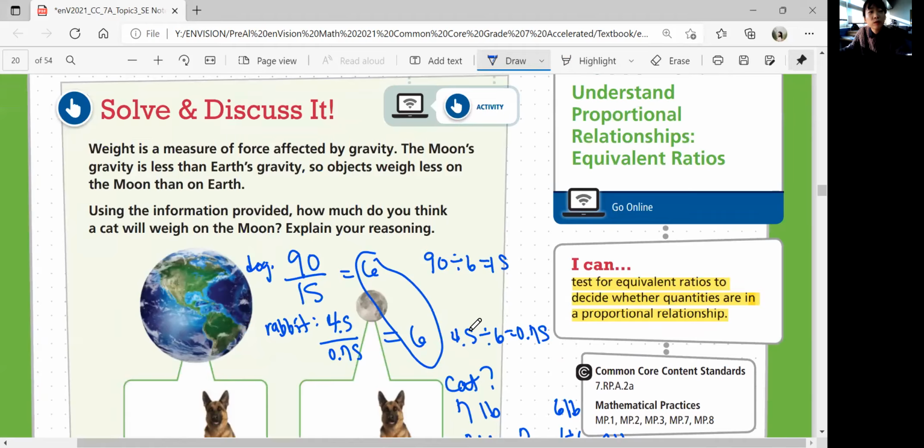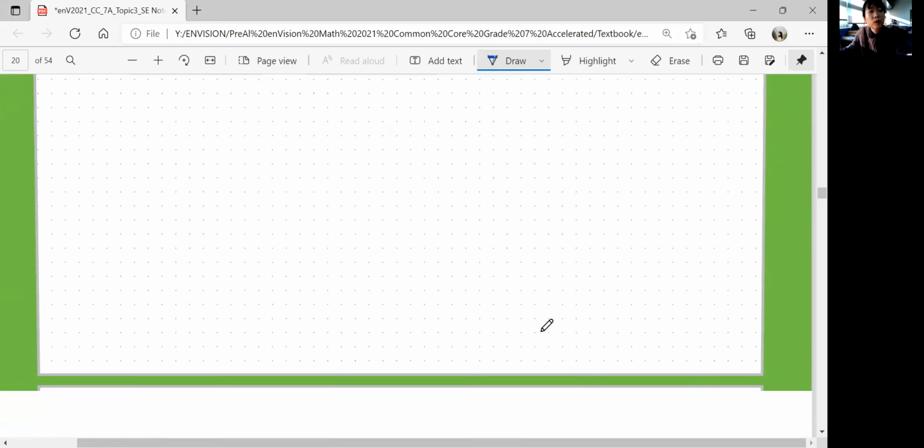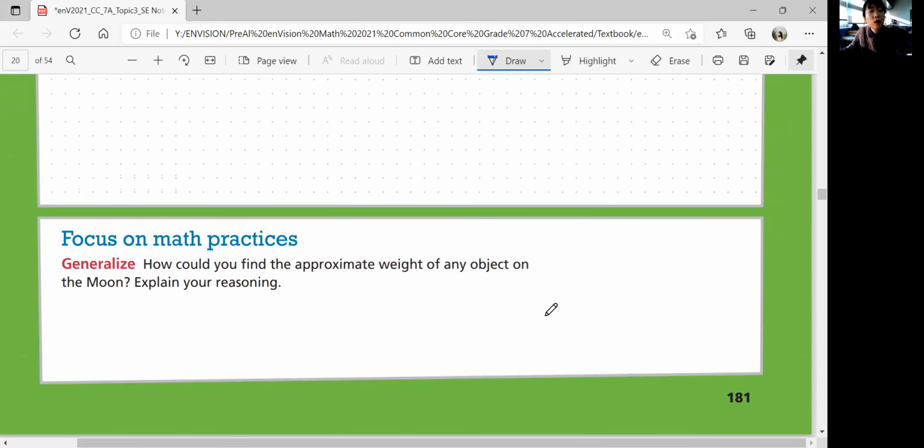So we're talking about equivalent ratios and the proportions. On the bottom of the page, how could you find the approximate weight of any object on the moon? Explain your reasoning. We just talked about it, right?